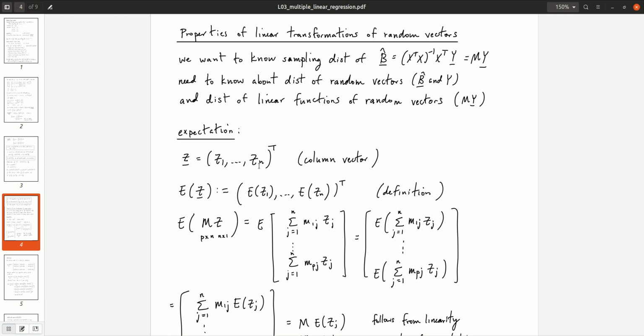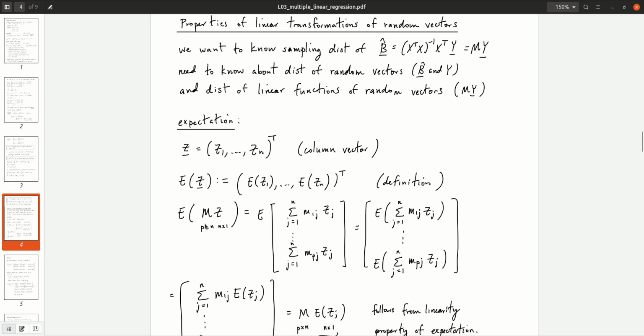That's it. First thing I need to define is what it means to take the expected value of a random vector. That's very simple. All it means is I take the expected value of each element of that random vector. So it's a vector that contains the expected value of each random variable in that vector.